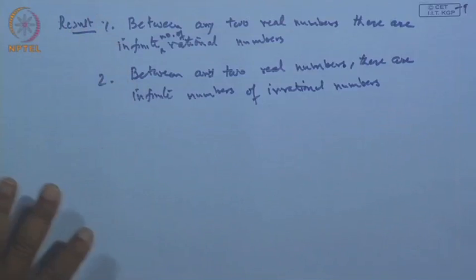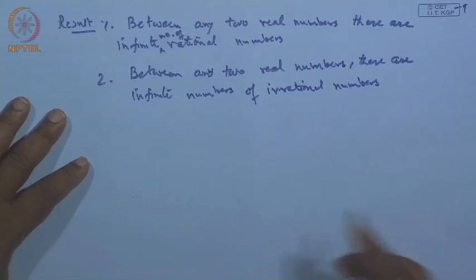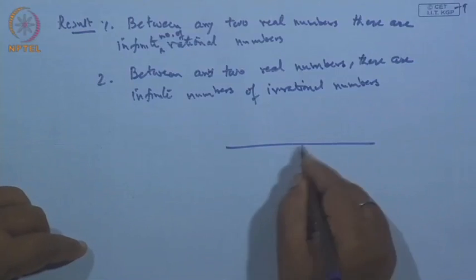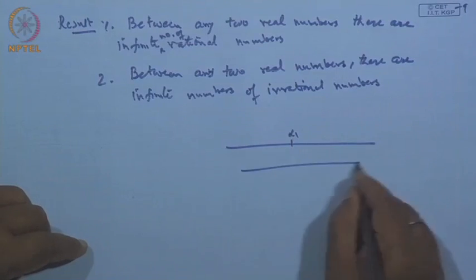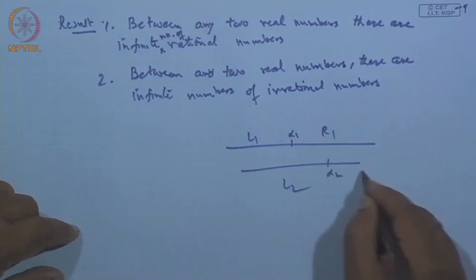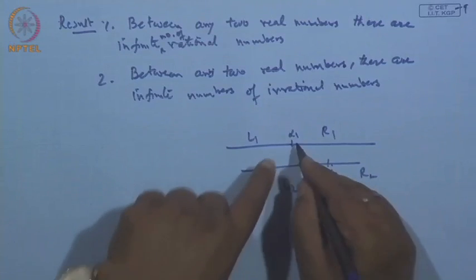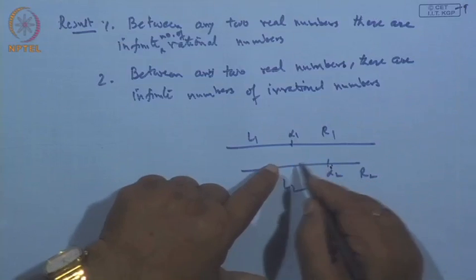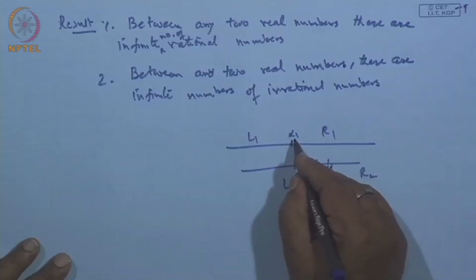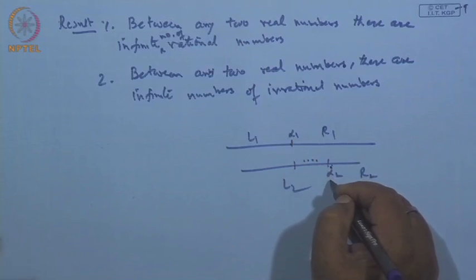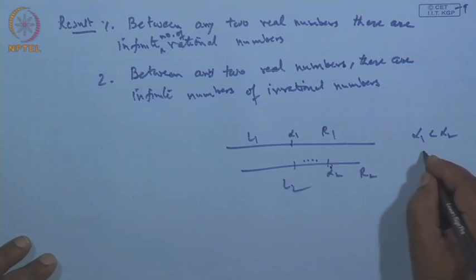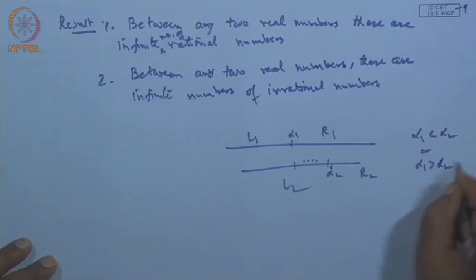In fact, I will prove this, but just give a hint of how to. Suppose there are two real numbers alpha 1 and alpha 2, with cuts L 1 R 1 and L 2 R 2. Between these two numbers, there are infinite rational points. Why? Because alpha 1 and alpha 2 are given, one can easily identify either alpha 1 is less than alpha 2, or greater than alpha 2, or maybe equal.